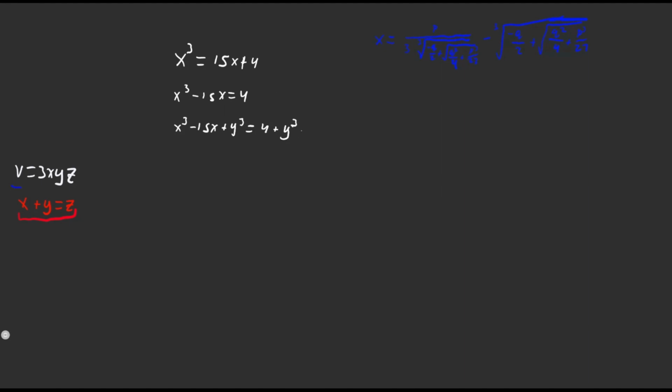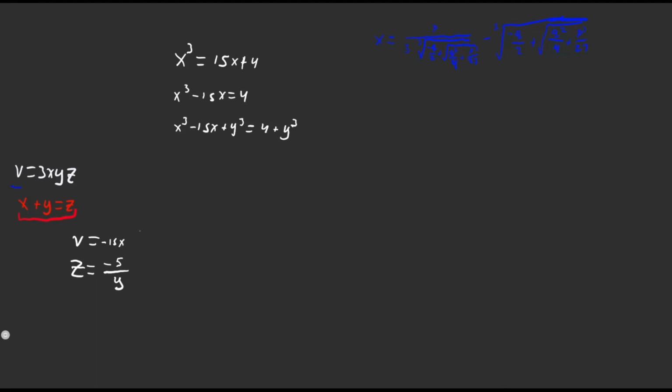And since we're going to be using negative 15 for a volume, we're basically going to set it equal to negative 15x. And we're going to replace it here for 3xyz, where we're going to just solve for z immediately, where we just divide by 3y, where we get negative 5 over y, not 3y, it's already divided by y.